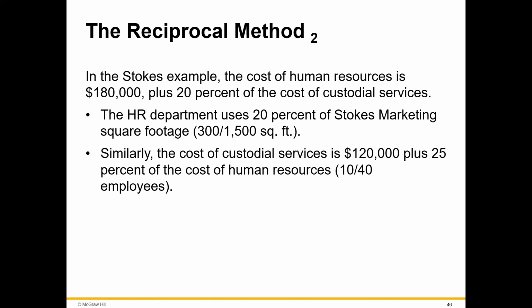And then each of those departments would assign out to the production departments and ignore each other, just like a direct method. So the first step is you just cross assign part of your original cost of the different departments. And then you just go straight out to the production departments.